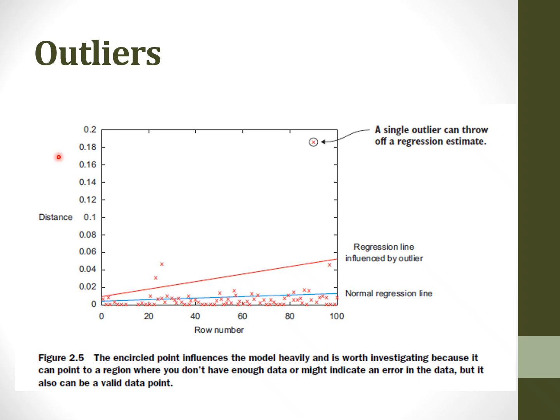Now we'll see about outliers. This graph is a plot between distance and row number. If we clearly see, most of the data lies in the range below this red line.